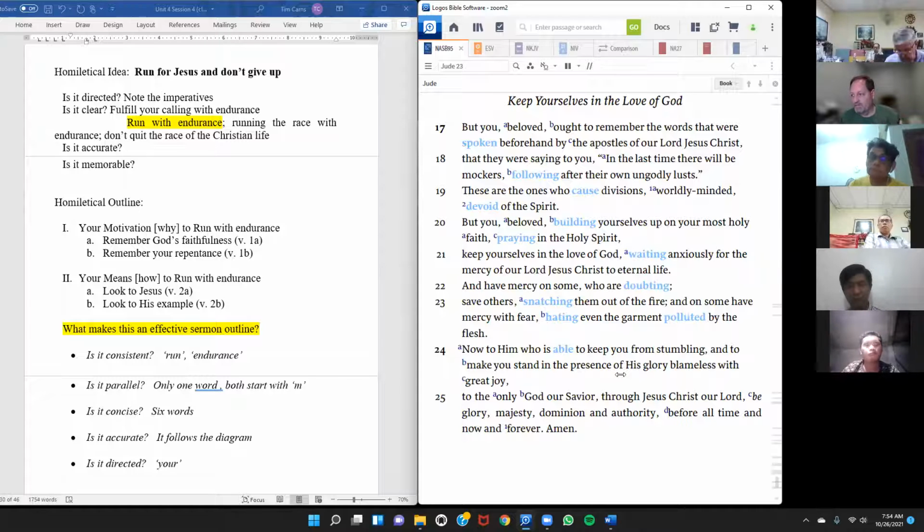The goal here, though, is making it memorable, so maybe there's a different way to do that in Mandarin. I don't know. Do you have any suggestions? Yeah, that's a good point. I know for English, one way to do that is making parallel statements with words that sound similar or begin with the same letter or something like that. But I don't know. Maybe you could think about what would be a way in Mandarin to make the points memorable.